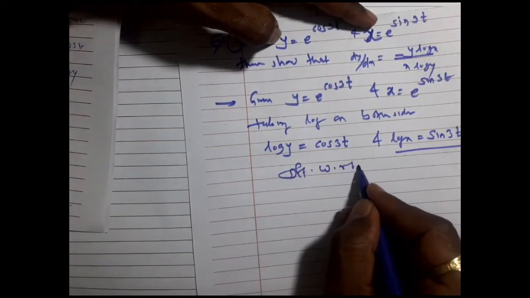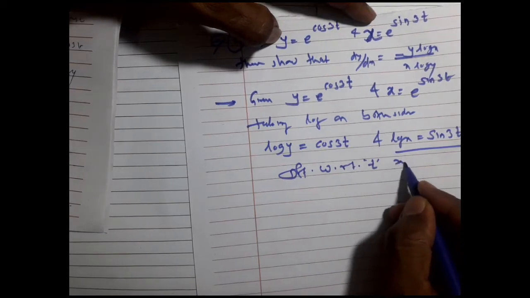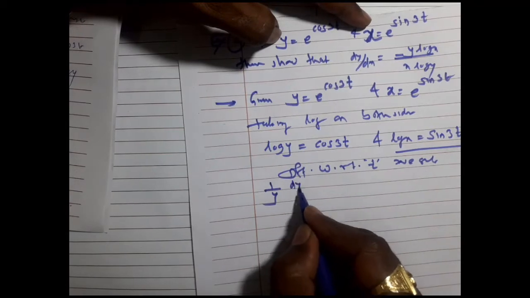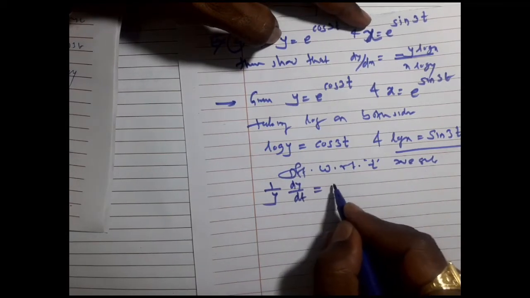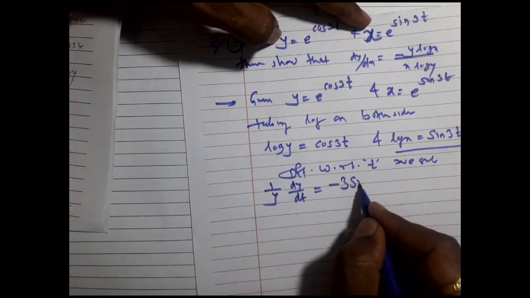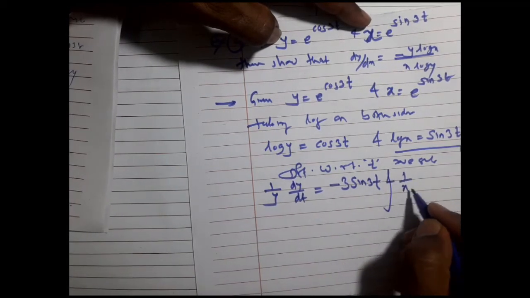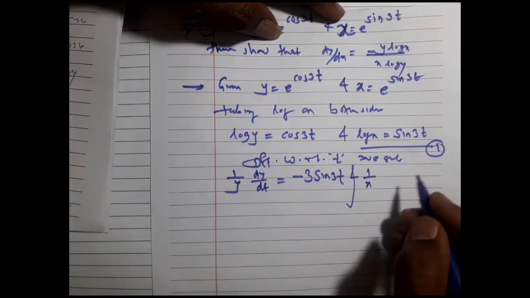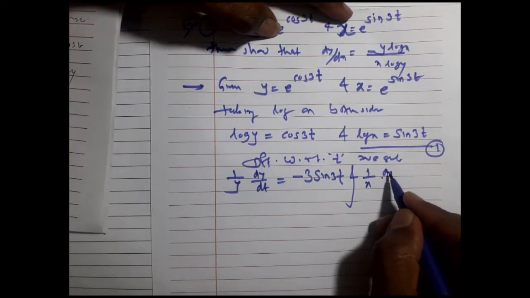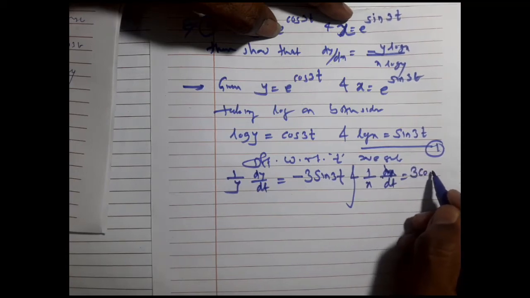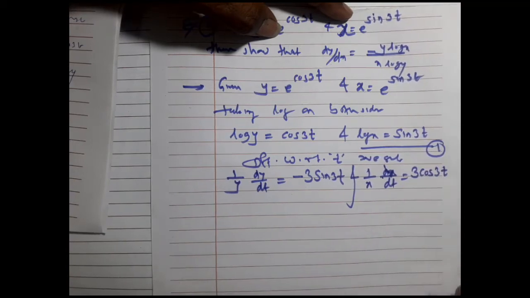Differentiate with respect to t, we get 1 upon y dy by dt is minus 3 sin 3t and 1 upon x dx by dt is 3 cos 3t.